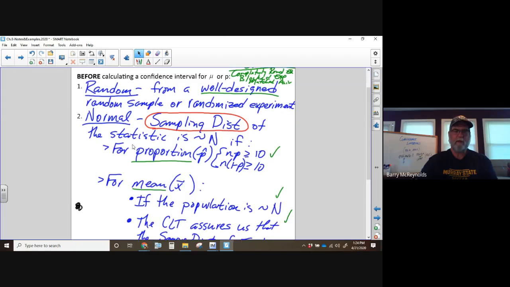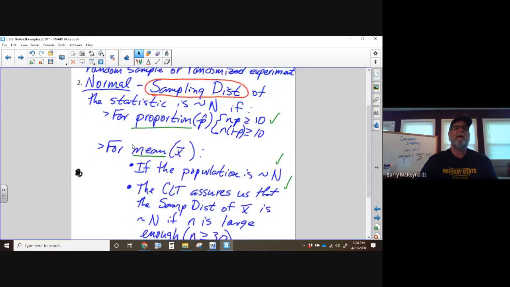The second condition for inference is that our data has to be taken from a normal distribution. And so that's why we spent so much time in the last chapter making sure that our sampling distributions had this shape. If the only thing you have is a skewed distribution, then you can't construct a confidence interval.